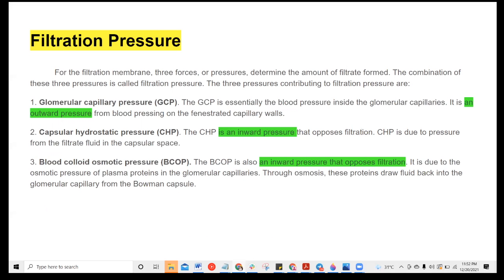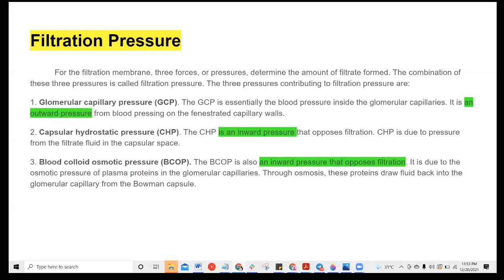All right, so let's go ahead and talk about filtration pressure. For the filtration membrane, there are three forces or pressures that determine the amount of filtrate formed. A combination of these three pressures is called filtration pressure. The first pressure contributing to filtration pressure is your GCP, the glomerular capillary pressure.